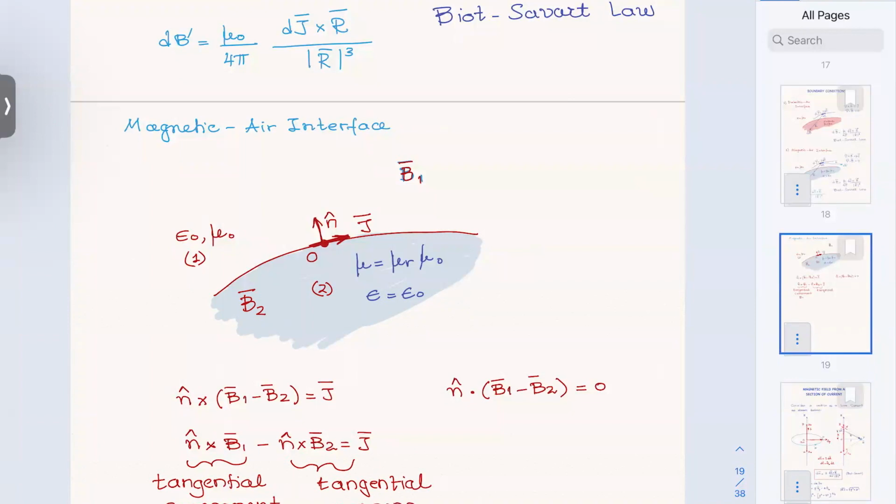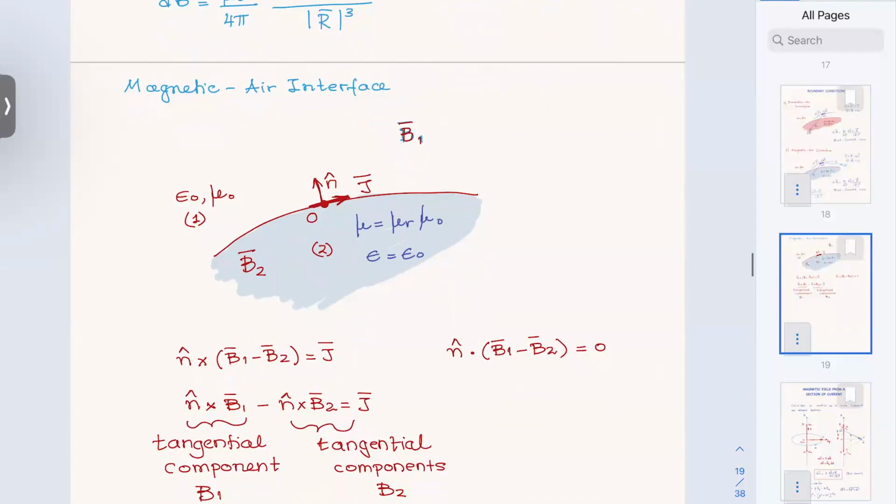So the tangential components of the two magnetic fields are not continuous if there is a current in there. All right, if there is a current on the interface, the tangential components of the magnetic field are discontinuous, and that discontinuity is equal to the current that exists at that point in space. Okay, that is one.